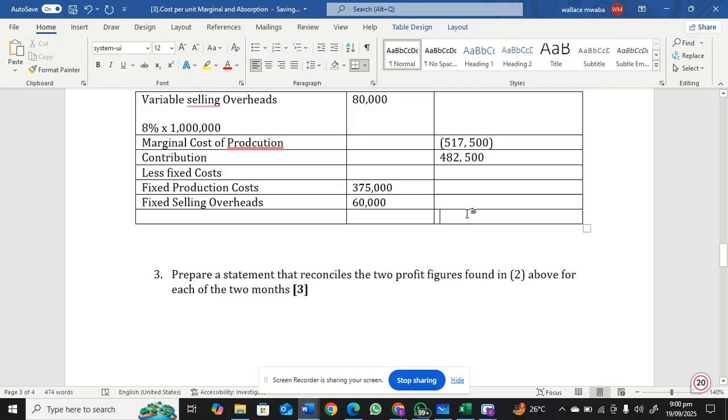We add them: 375,000 plus 60,000, we get 435,000. Those are our total fixed costs.